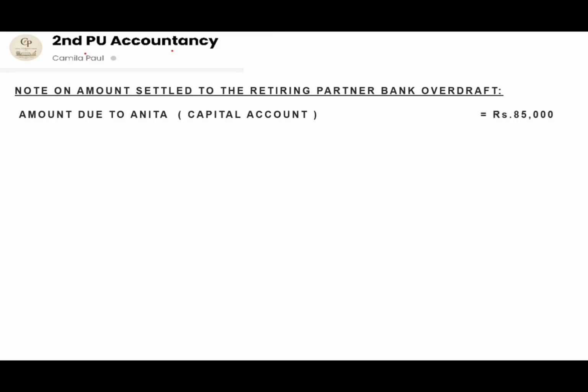So the amount due to Anita as per the capital account balance is 85,000. We got this by adding all the credit side totals, that is 50,000 plus 5,000 plus 10,000 plus 12,000 plus 8,000. So the total amount that has to be settled to Anita is 85,000.